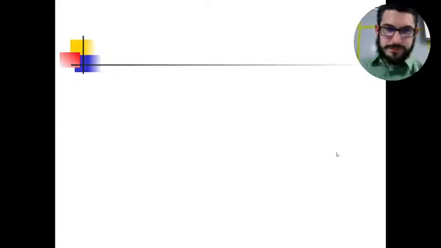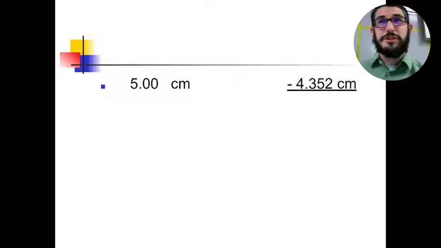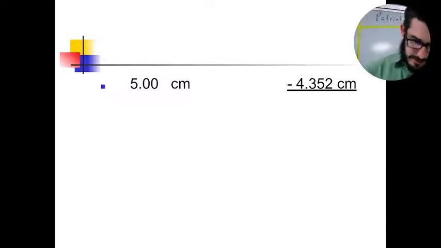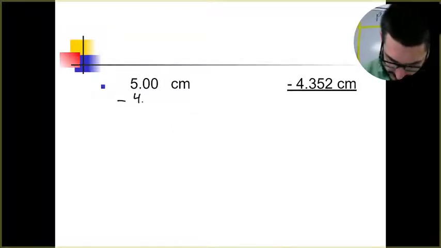Okay, so if I am looking at 5.00 centimeters minus 4.352 centimeters, let me reformat that. I've got minus 4.352 centimeters.